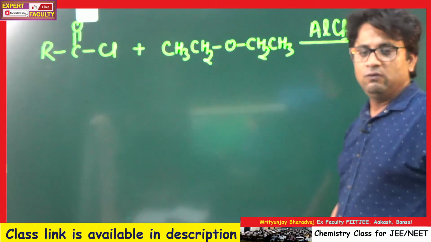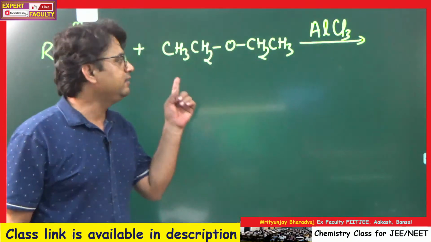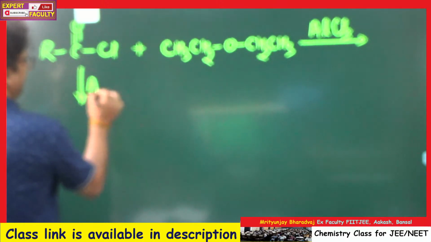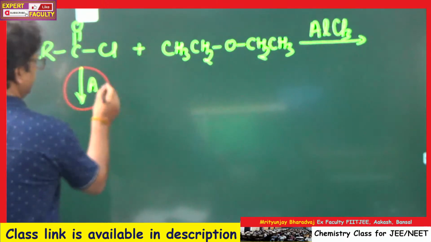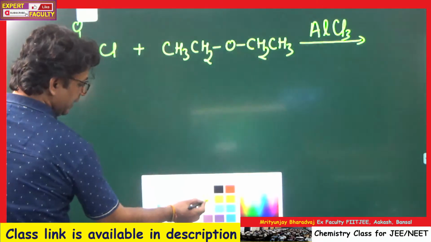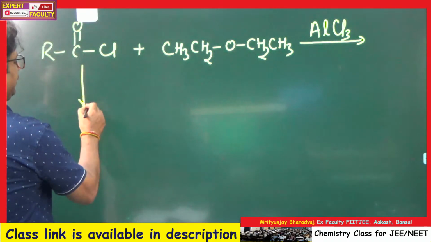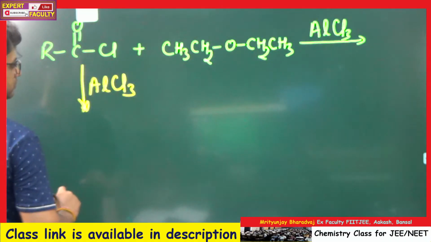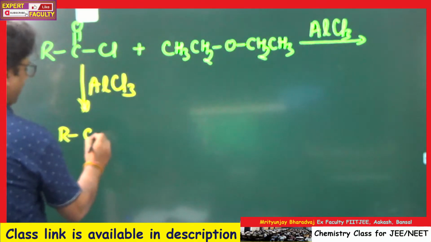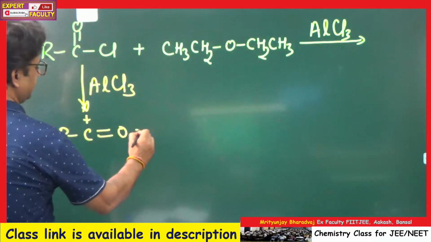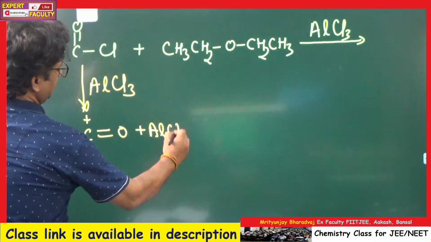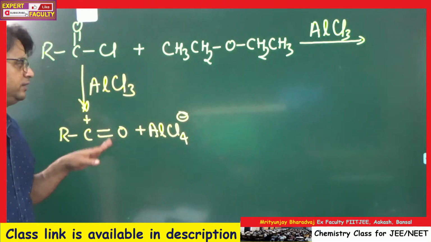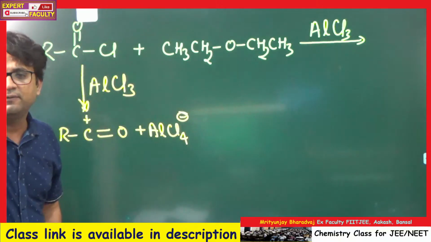To remove that problem, we have taken AlCl3. This AlCl3 will act as a Lewis acid and react with RCOCl to form RC double bond O plus and AlCl4 minus, similar to Friedel-Crafts acylation.